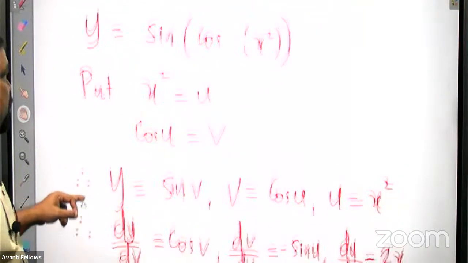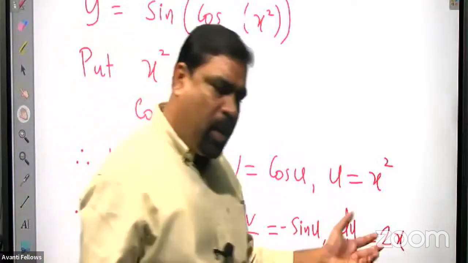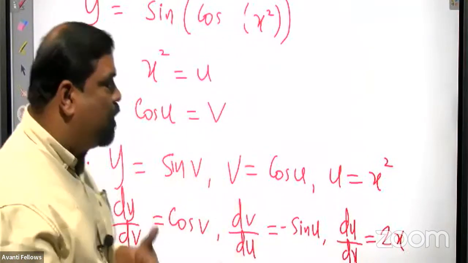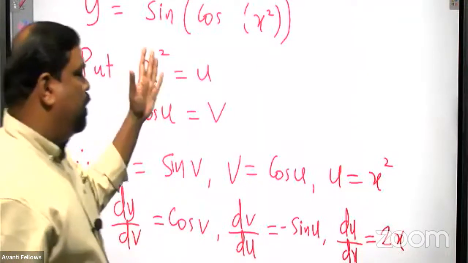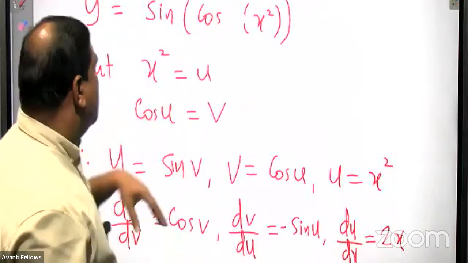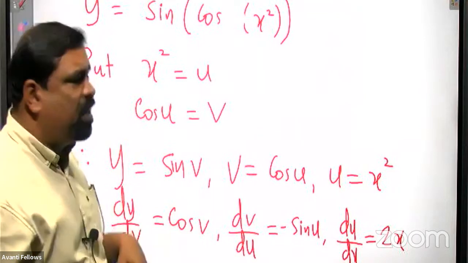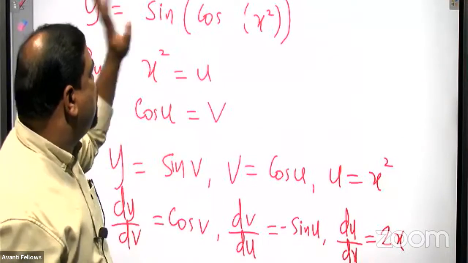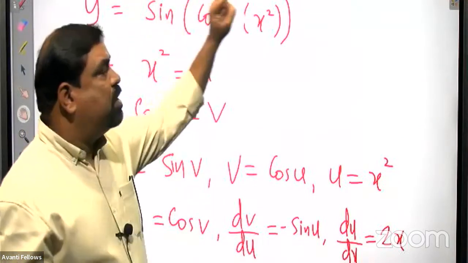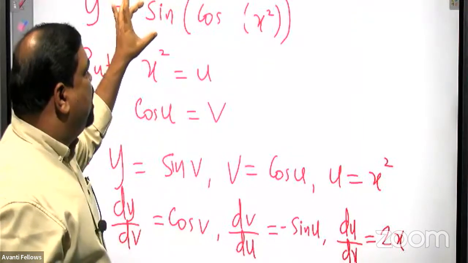So this is actually chain rule. In detail, we will do like this, okay, in detail. But after continuous practice, I think there is no need of elaborating like this. We can write the answer in a shorter way also, okay. You just identify the three functions first. There are three functions. One is sine, other is cos, and third one is x square. So the outermost function, that is sine.